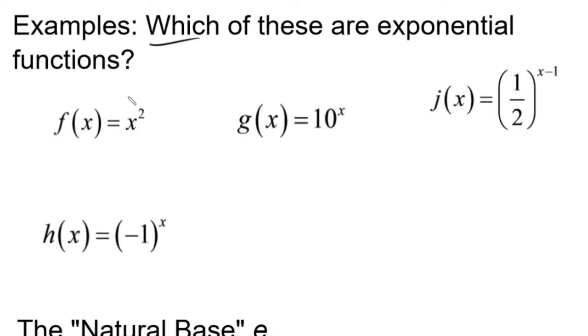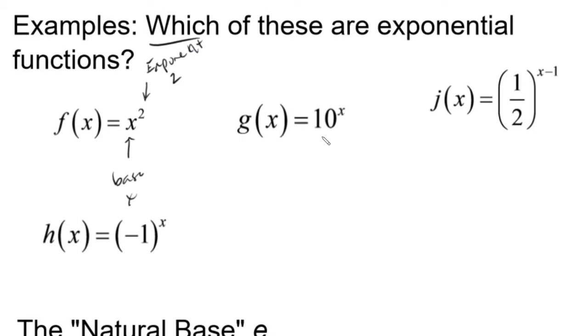The reason is we have an exponent and we have a variable, but the variable needs to be in the exponent. That's a big thing. The variable needs to be up here. And the base needs to be a number that is not negative, not 0, and not 1. So the base, which is x, needs to be a number for it to be exponential. And your exponent is 2 in this case, but it needs to have a variable in there.